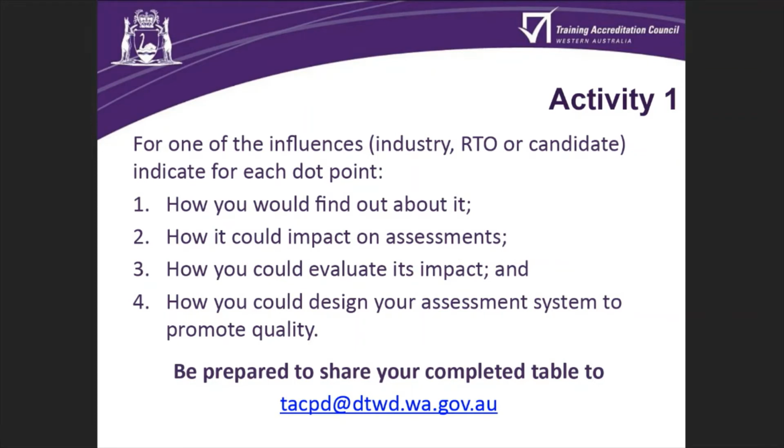How you could evaluate the impact. I mean, is it a positive impact or a negative impact? Is it constructive or is it harmful? And then how you can design your assessment to work in cahoots with that impact, either to avoid some of the negative impacts and enhance the opportunity of good quality choices.